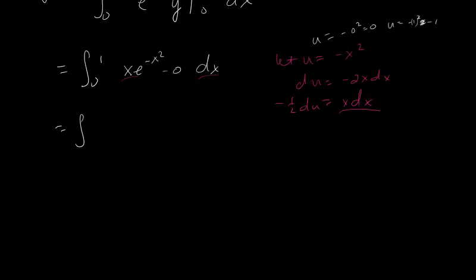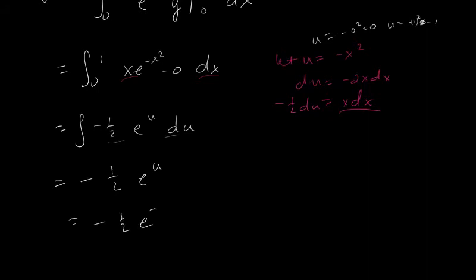Okay, where were we? Yes, u substitution. So this is going to be negative 1/2 e to the u du. So we've substituted x dx with negative 1/2 du, and e to the negative x squared becomes e to the u. So this is negative 1/2 e to the u. I would say plus a constant, except we're not. We're evaluating this at specific boundaries.